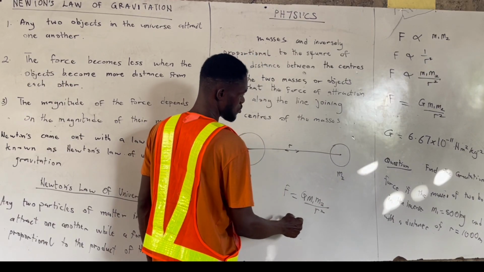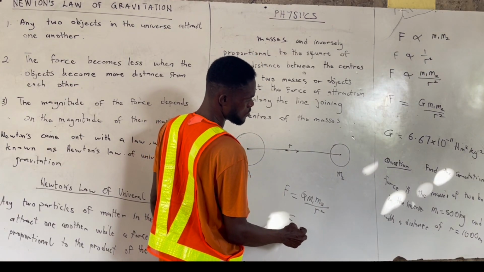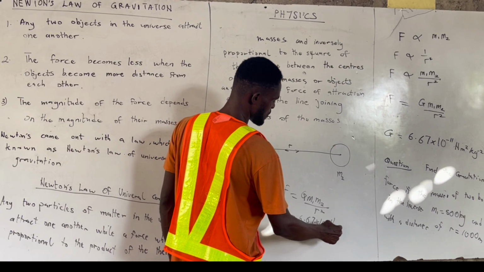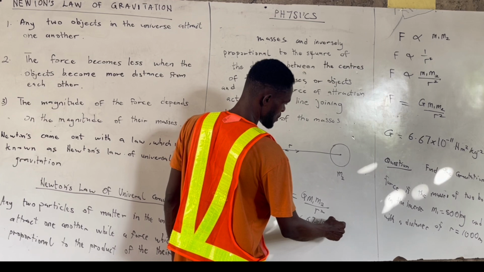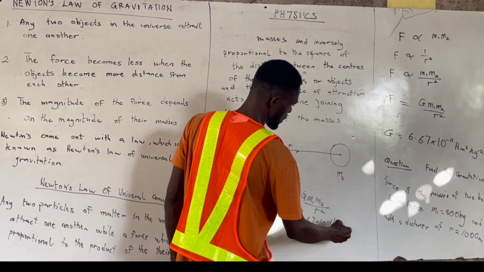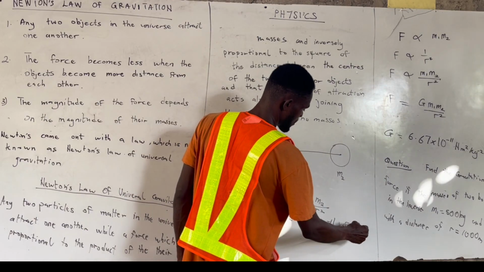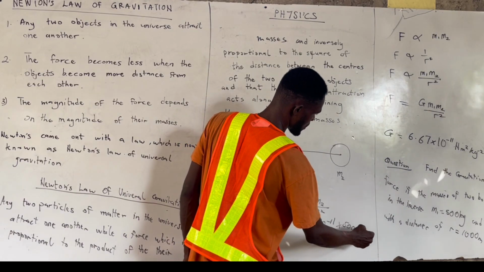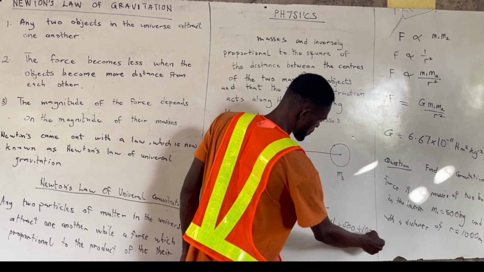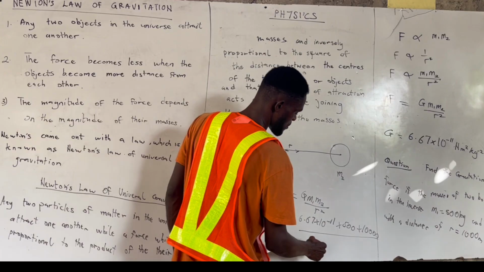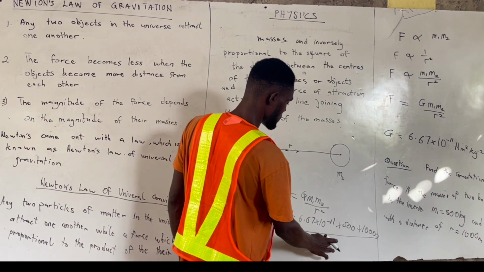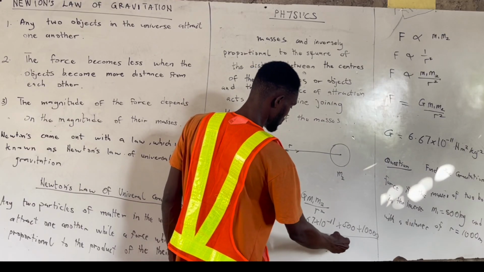squared. So our gravitational constant is 6.67 times 10 raised to the power negative 11, times the masses, times 500 times 10,000, all divided by 1,000 meters all squared.